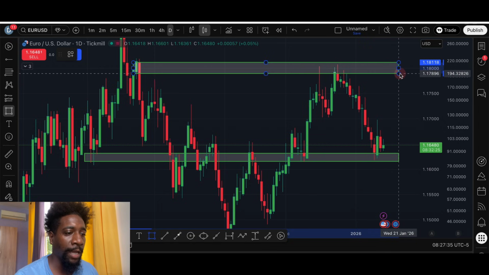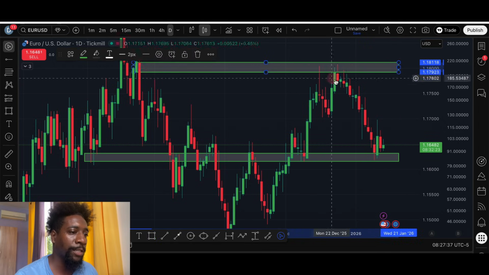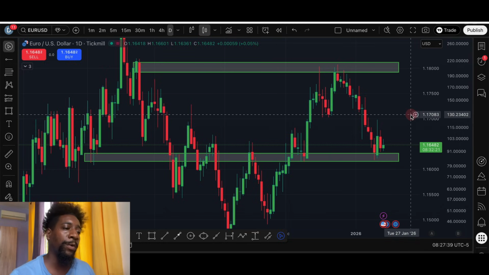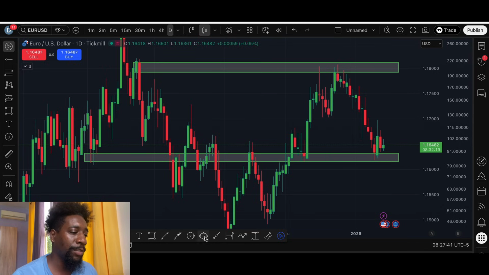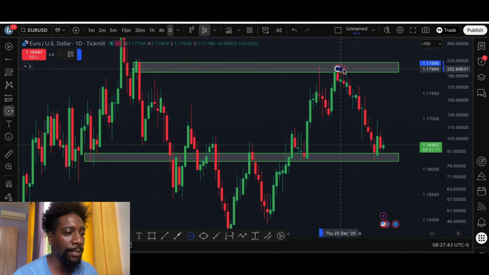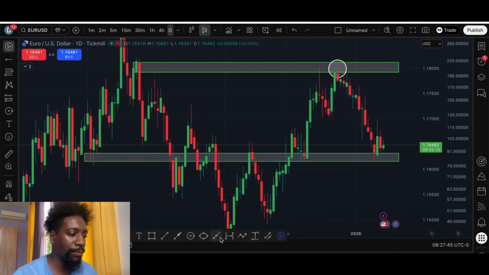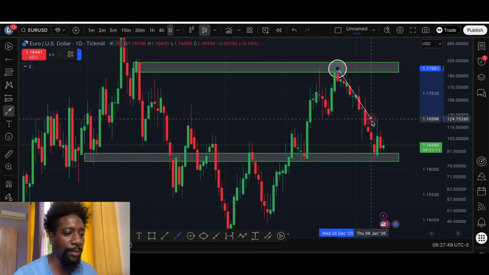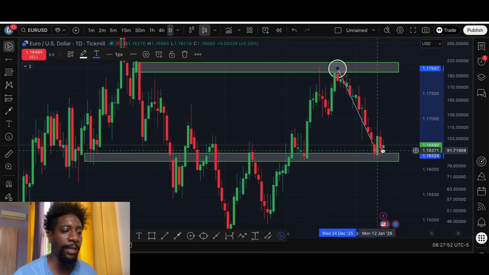This gives me a clear understanding of where buyers are and where sellers are. As you see, once the market came up to this level here, it pushed all the way back down to that level.